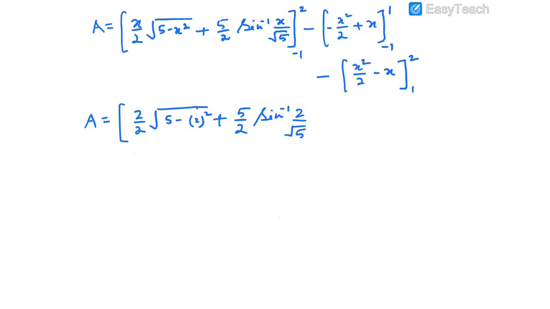The lower limit is minus 1, so we have minus 1 by 2 square root of 5 minus minus 1 square plus 5 by 2 sin inverse minus 1 upon root 5.